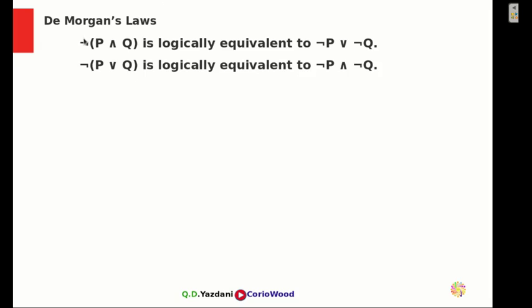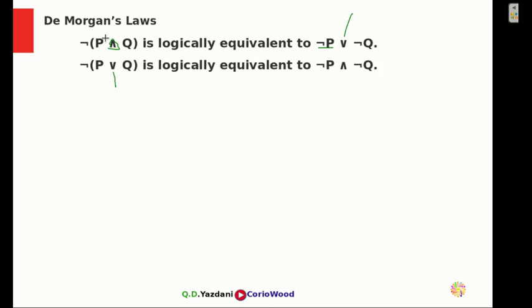Alright, so the second De Morgan's law says that not (P or Q) is logically equivalent to not P and not Q. So keep in mind, if you look in here, not (P and Q) is logically equivalent to not P or not Q, and this one is quite the opposite, not (P or Q) is logically equivalent to not P and not Q. They are quite opposite to each other, but they cover both domains.